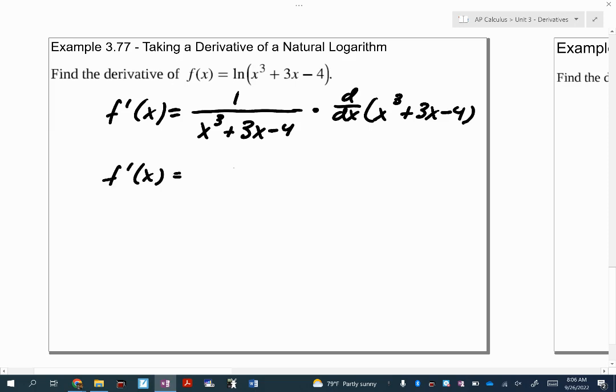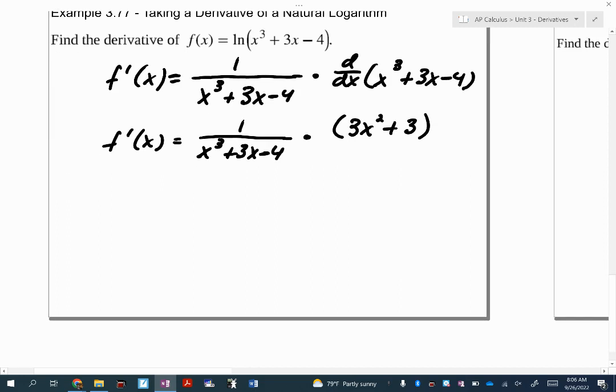All right, so I still have, I'm going to copy this down, 1 over that polynomial, 1 over x cubed plus 3x minus 4, and then times, the derivative of x cubed is 3x squared, and the derivative of 3x is 3, and the derivative of minus 4 is 0.